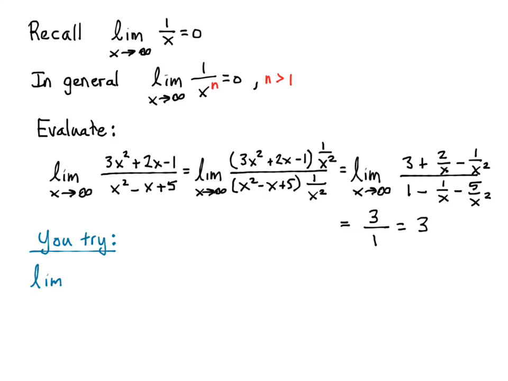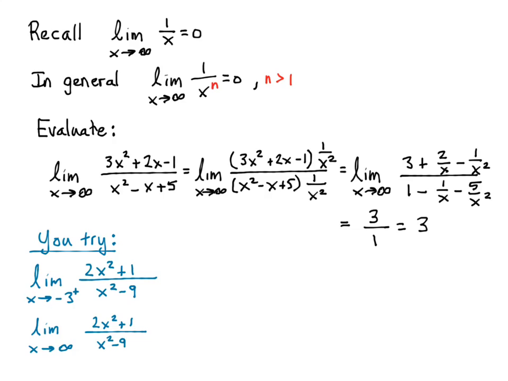Why did you multiply by 1 over x squared? So I can put it in a form where my polynomials evaluate. If I simply put a really, really big number into 3x squared plus 2x minus 1, we're just going to get a really, really big number. It's not going to tell us much, and it's not going to tell us how that goes in relationship to its denominator.